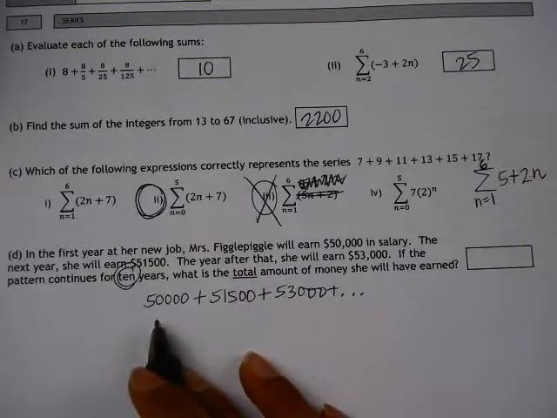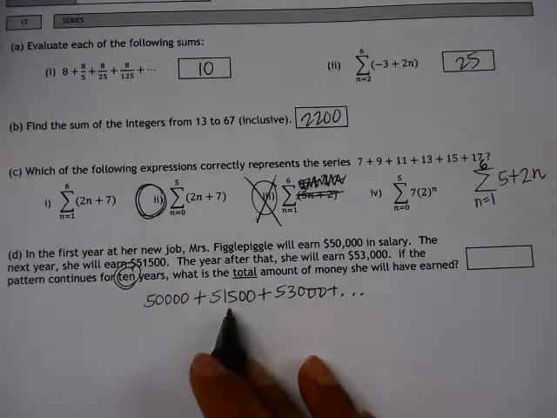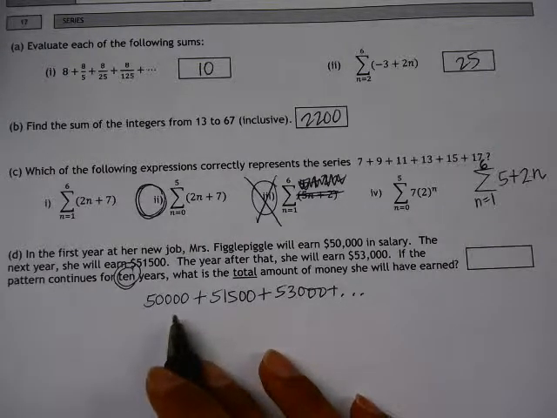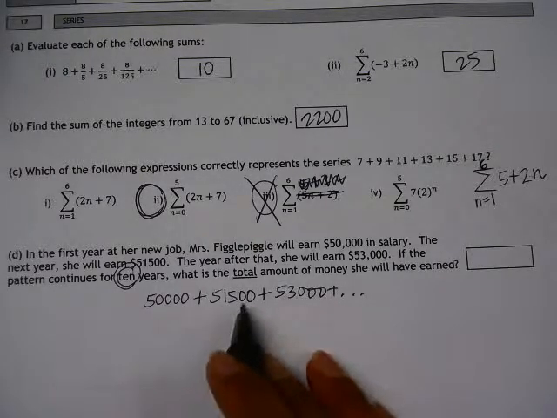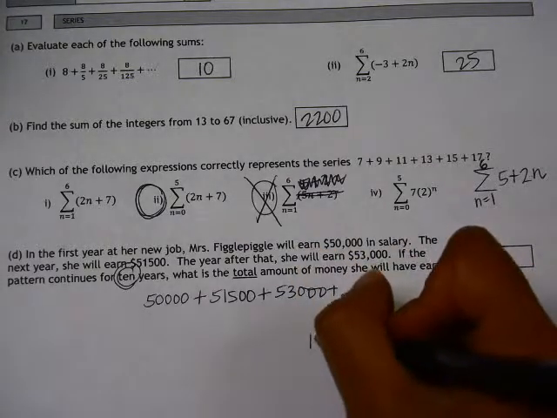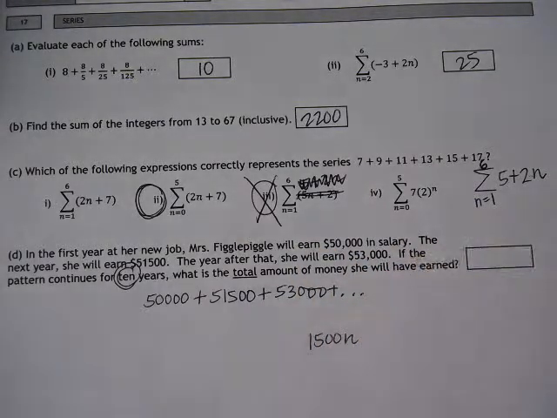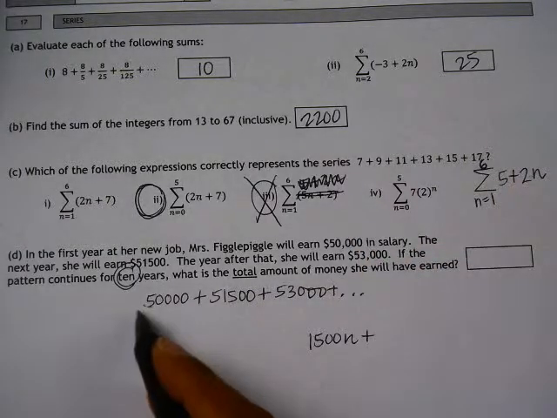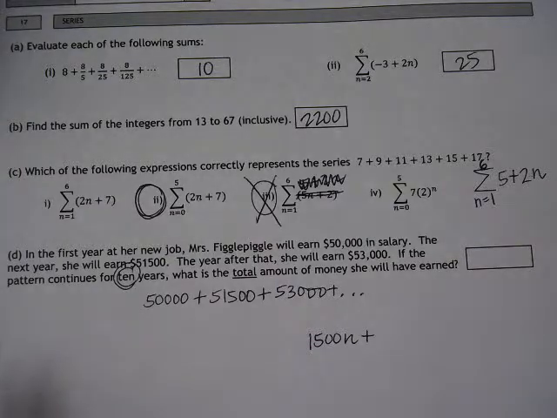So we have an arithmetic series here. She's earning $1,500 more each year. So we can say 1,500n plus the initial value would be 50,000 minus 1,500.